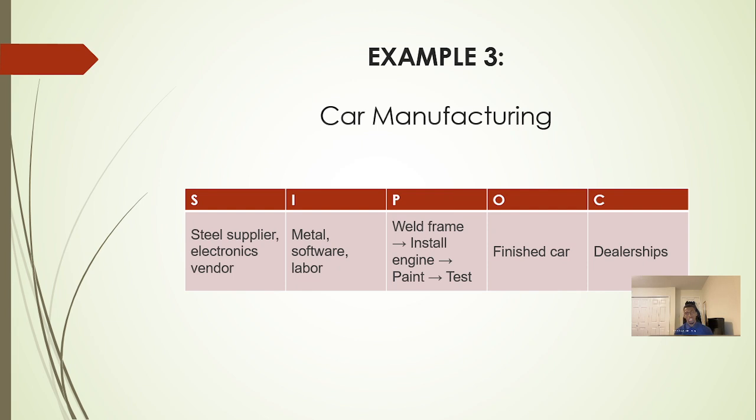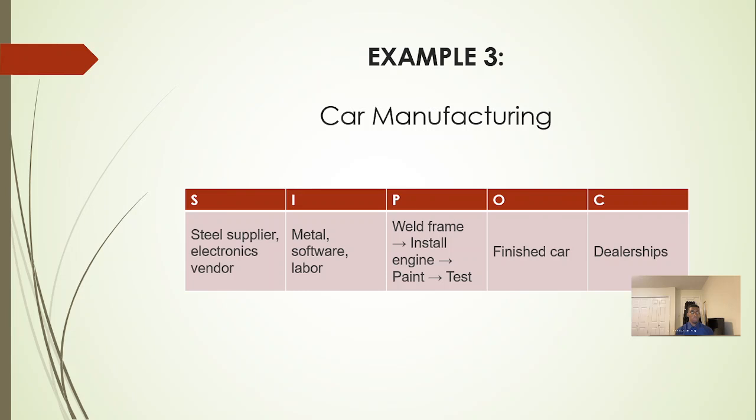One last example: car manufacturing. Here the suppliers might be the steel supplier or electronic vendor. The inputs are metal, software, and labor. The process is to weld the frame, install the engine, which is the most important part, then paint the car and test drive it to see if everything works.